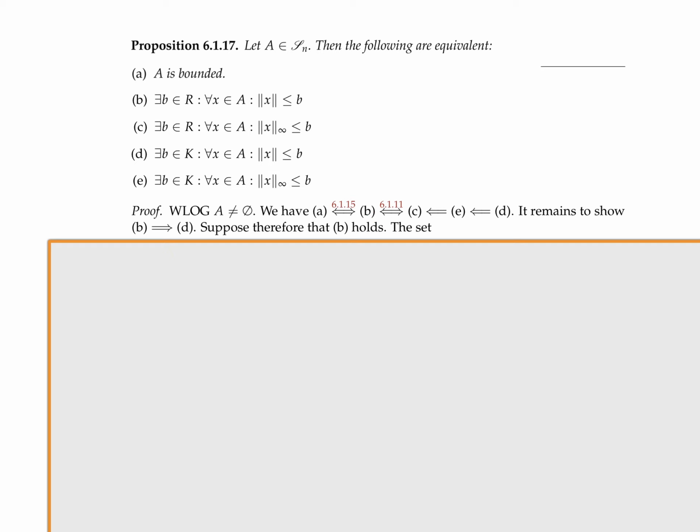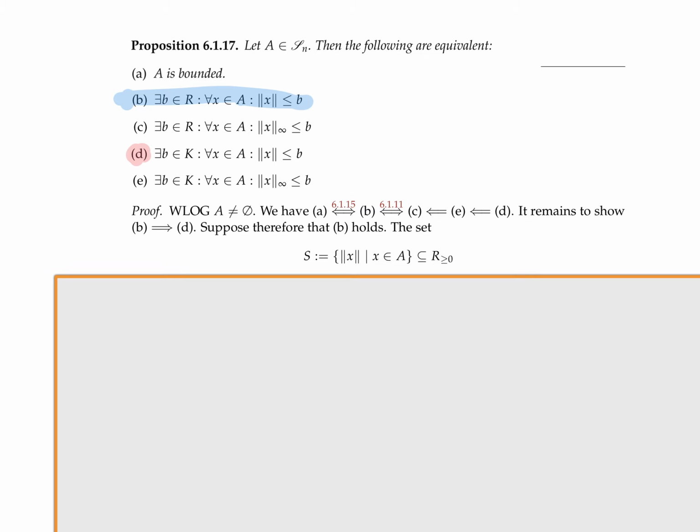So suppose therefore that B holds. And we have to show D. Okay, the set of all norms of elements x in A is certainly K semi-algebraic, right?